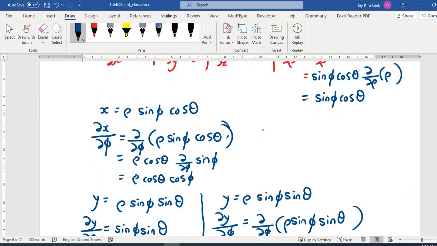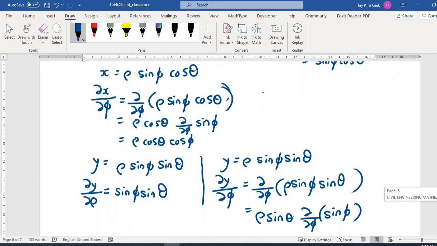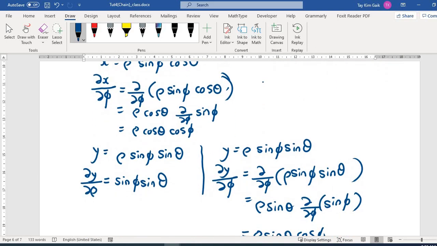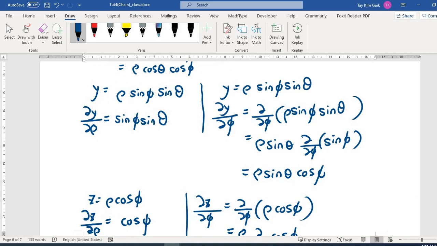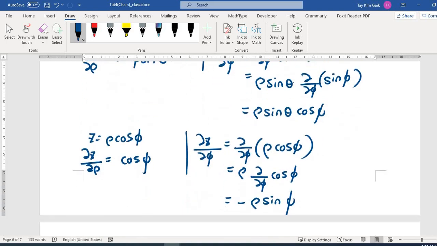Del x del phi, the answer is rho cos theta cos phi. Del y del rho, the answer is sin phi sin theta. Del y del phi, the answer is rho sin theta cos phi. Del z del rho, the answer is cos phi. And then del z del phi, the answer is negative rho sin phi.